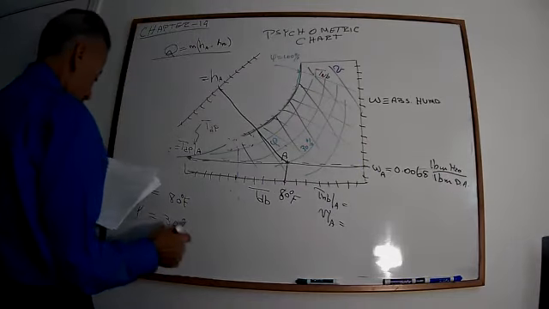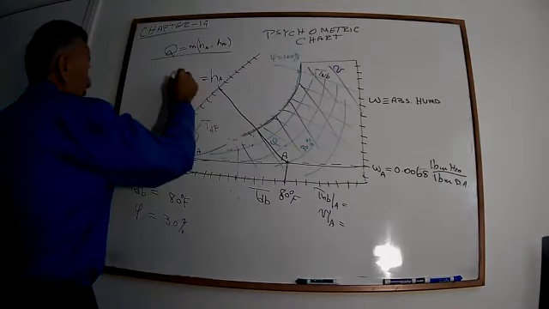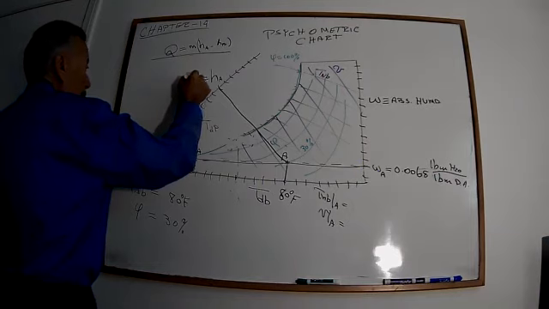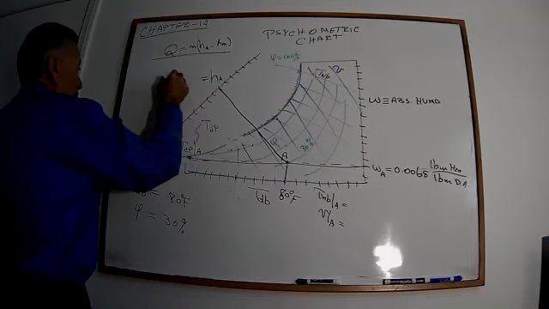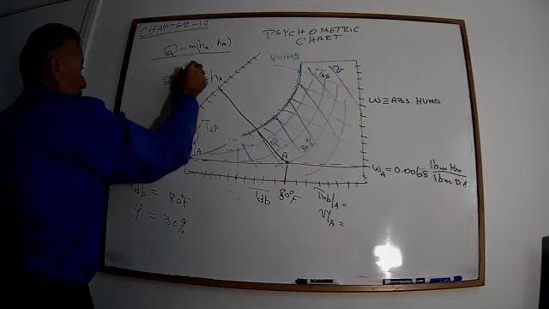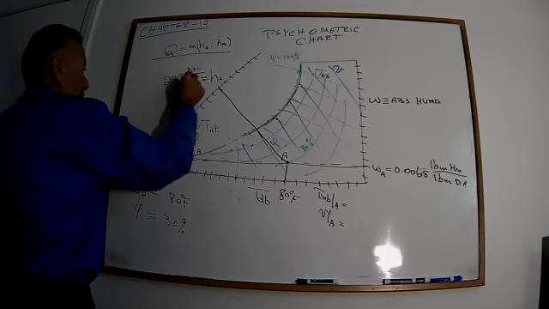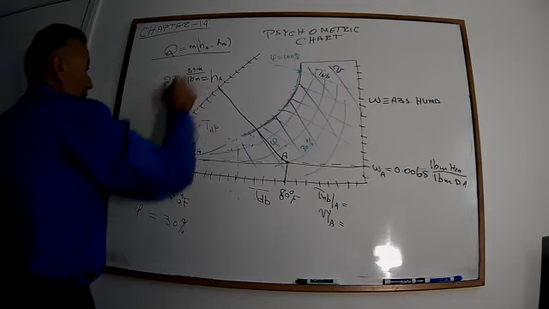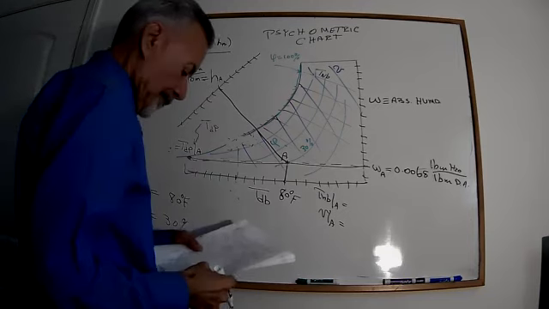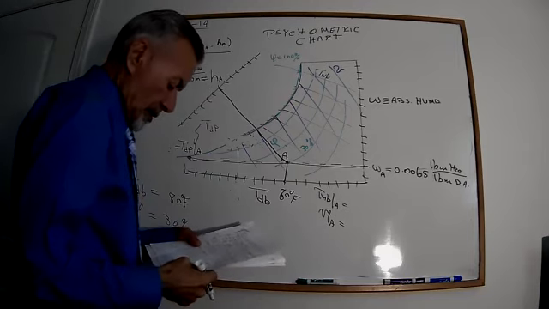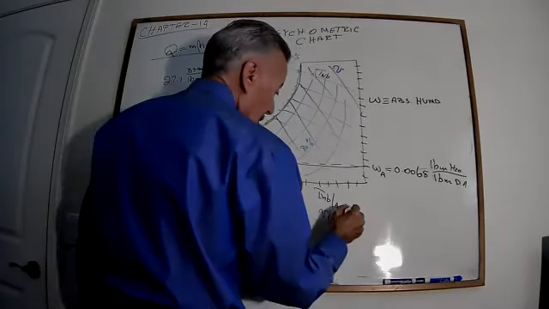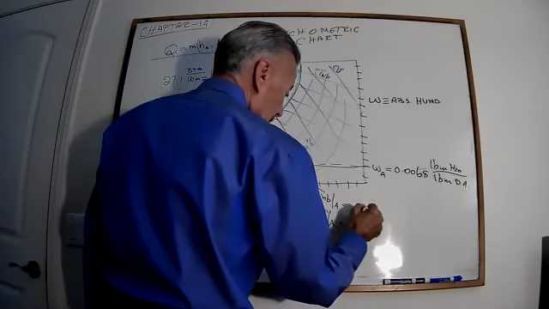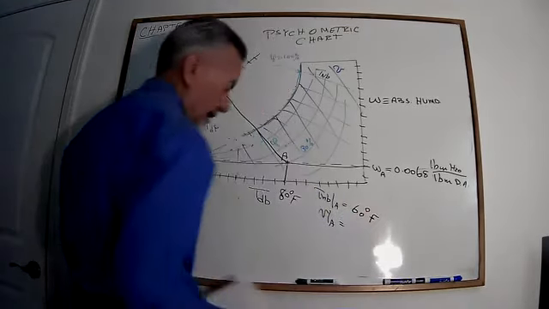My enthalpy becomes 27.1, 27.1 BTU per pound mass. My wet bulb temperature becomes 60 degrees Fahrenheit.